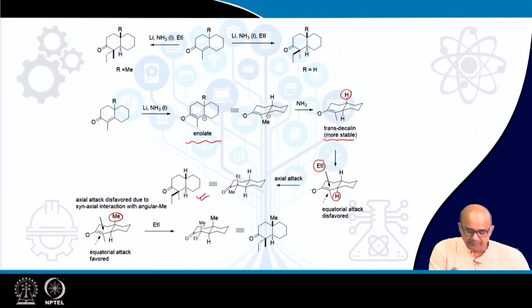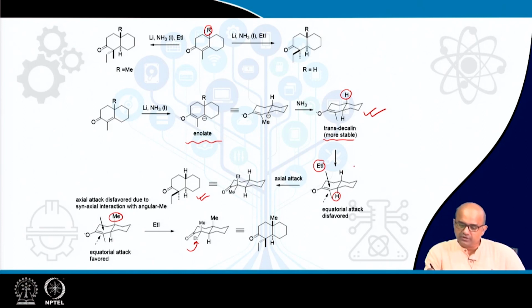So the ethyl electrophile will attack equatorially. The angular group plays a very important role in predicting the stereochemical behavior, and the trans-decalin being the major, stable enolate, you will try to have this enolate as the main structure, and then you can predict the existing stereocenter and how it plays a predictive role.